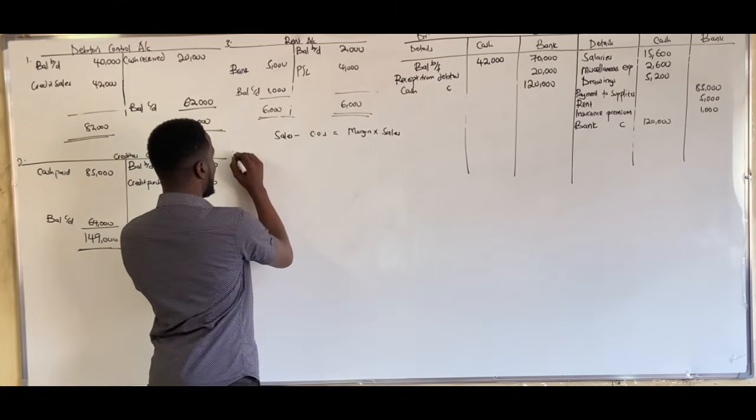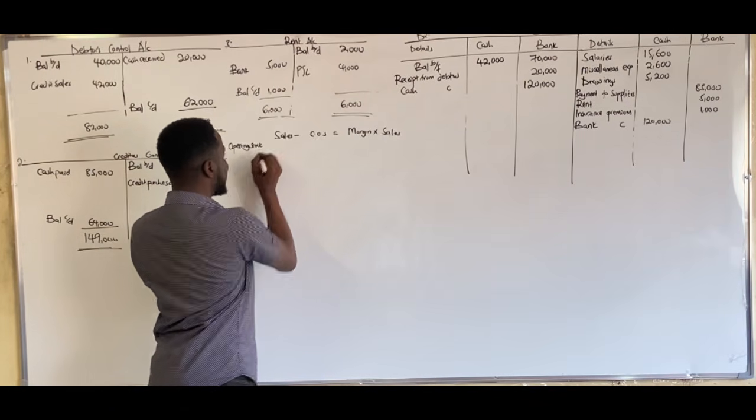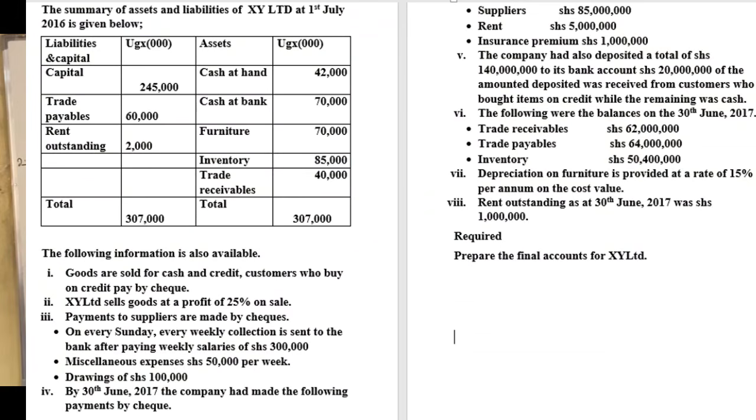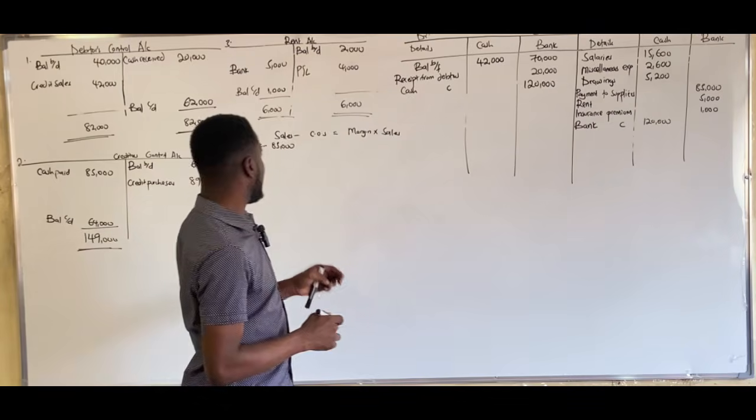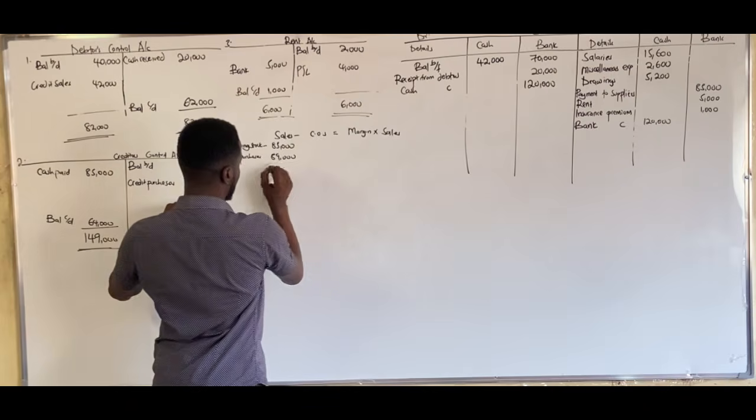We can say cost of sales is opening stock. And our opening stock, if you check into your question, is actually 85,000. And then we add our purchases. If you check back into the question, we established the total purchases, actually our purchases are 89,000.